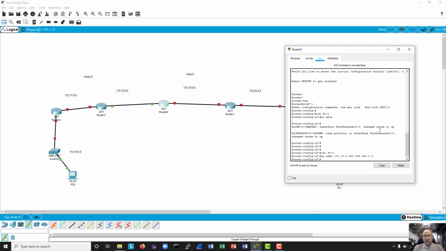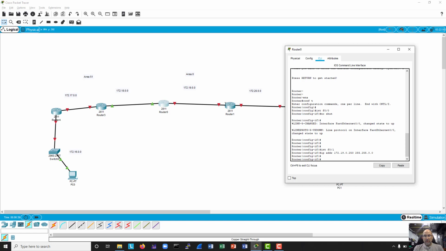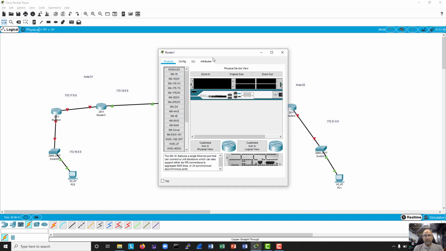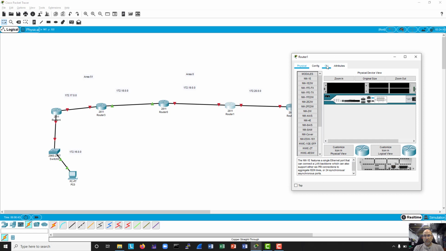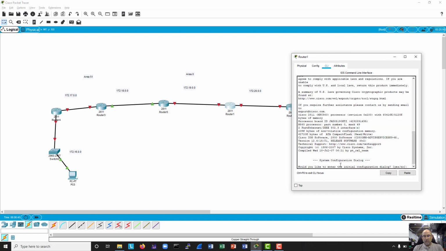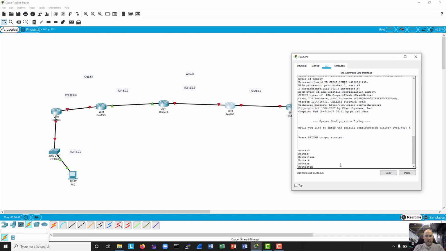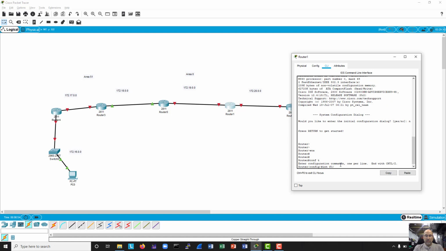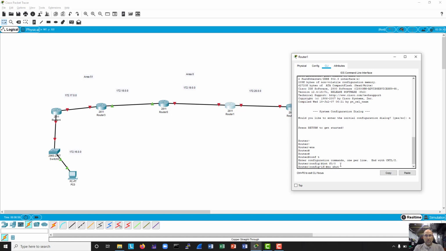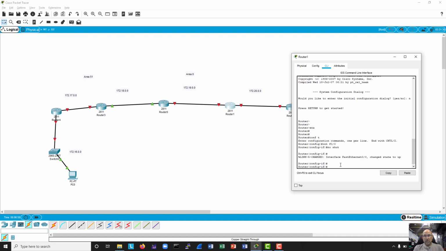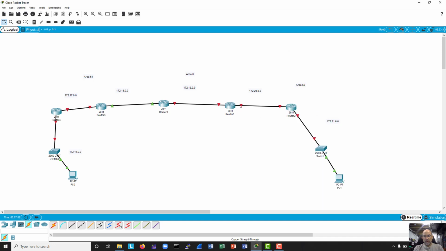Now, since this is the first router, maybe I'll bring up my neighbor here. So int f0/0, no shut. Oh dear. So are we on? No, it should be all right.